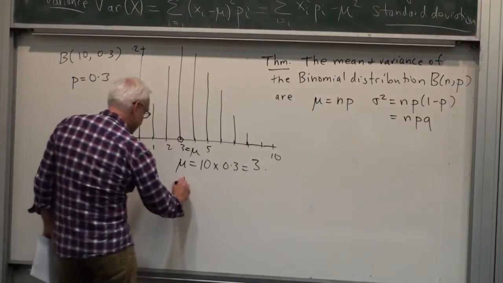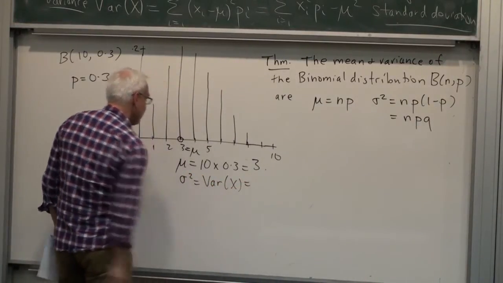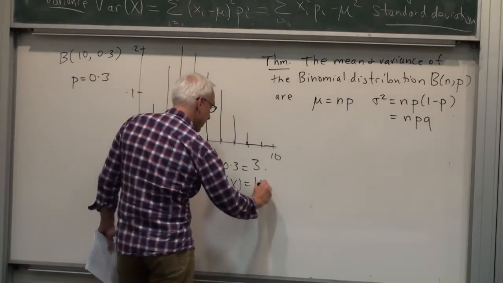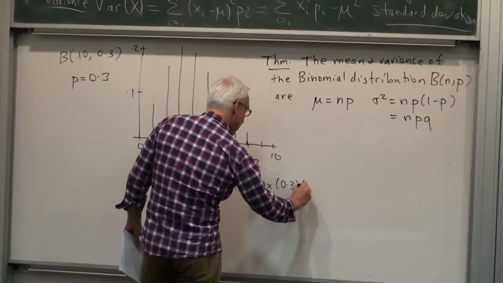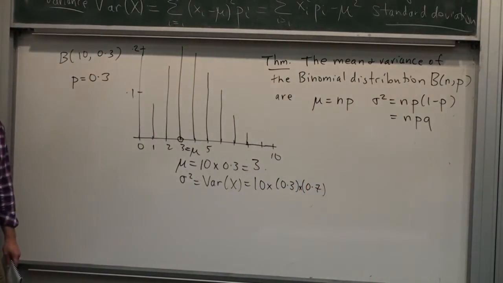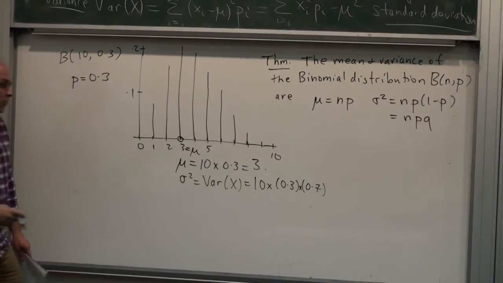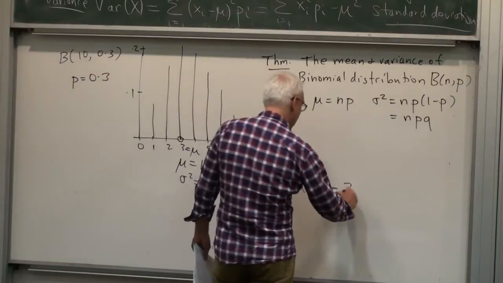And the variance, sigma squared, well, that's going to be 10 times 0.3 times 0.7, so that's 10 times 0.21 or 2.1.